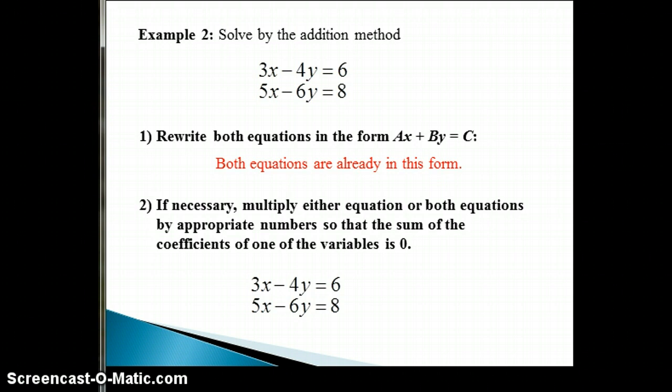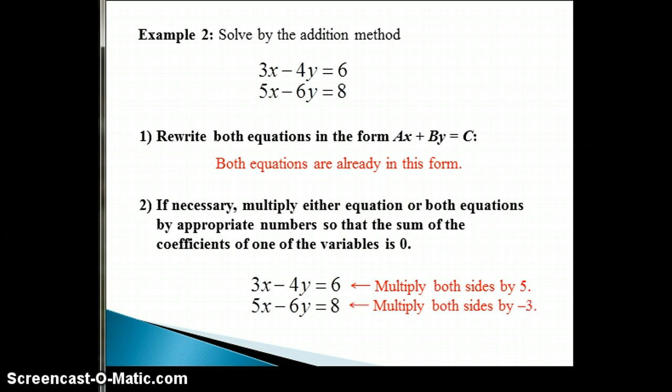Let's say we want to eliminate the x's, for example. If we multiply the top by 5, which notice is the coefficient on the x in the bottom equation, then that will give us 15x on top. We would need the bottom equation to have an x coefficient of negative 15.